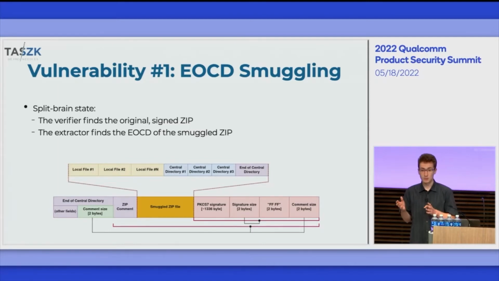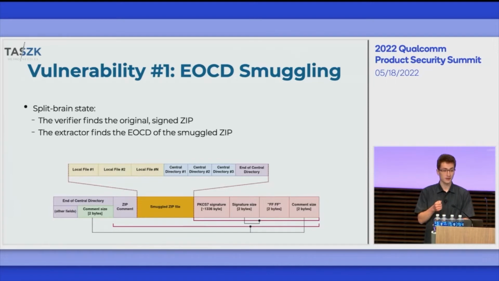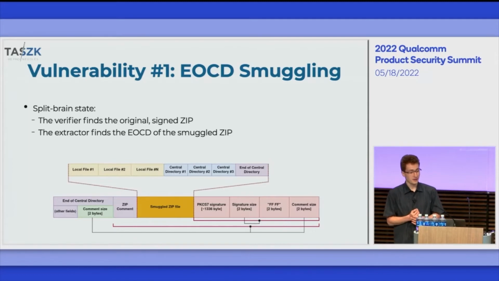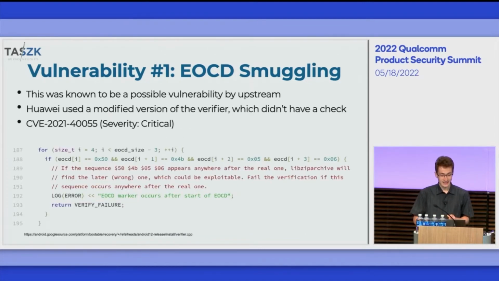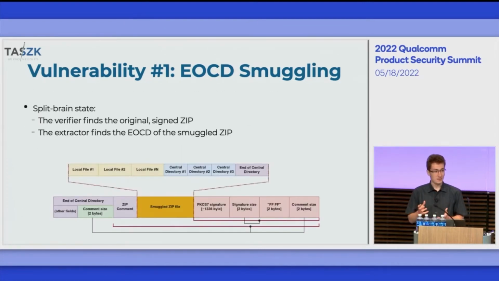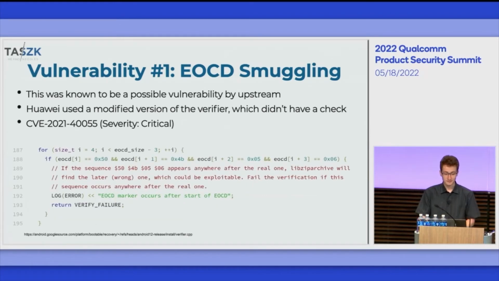Because the signature would be valid thanks to the pointers pointing to the right EOCD value, but the minzip implementation could find the smuggled zip inside this gap. It causes a confusion because the verifier verifies the archive successfully, but the extraction happens from our smuggled data.